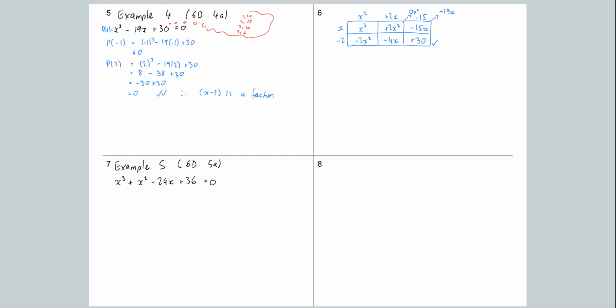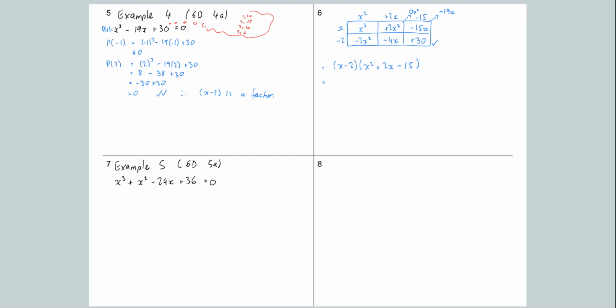And so what do we have? We have it equal to x minus 2, the first factor, multiplied by x squared plus 2x minus 15. And that is our almost factorized expression. Let's have a look at x squared plus 2x minus 15. Again, we can do it by reverse box method or some sort of grouping method.